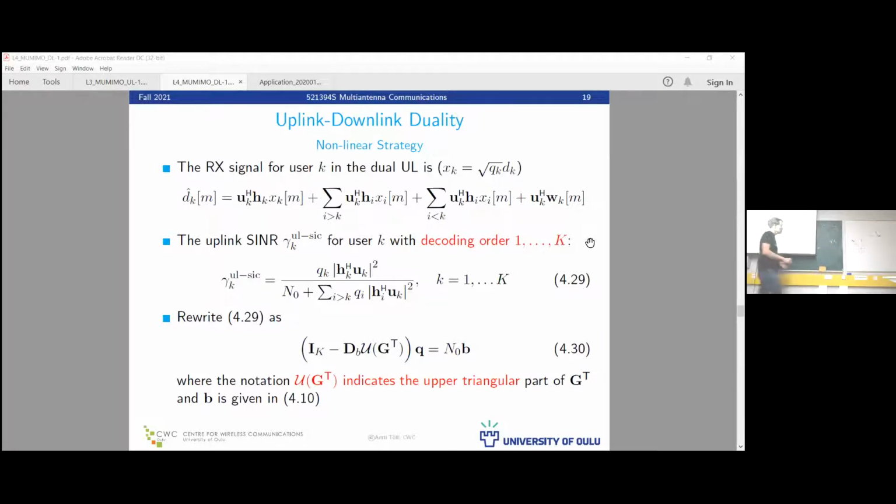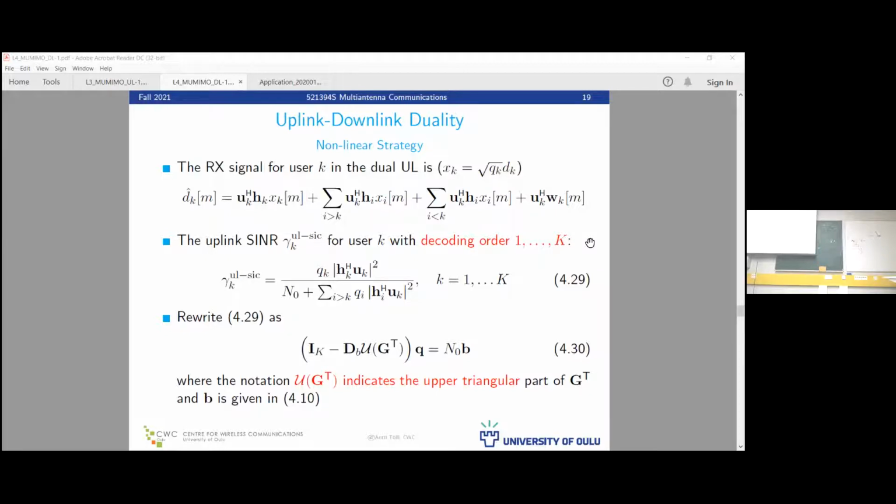If we then decode user 2, user 1 appears here. Since it was decoded first, it can be subtracted, right? So this term here can be subtracted by using MMSE-SIC, assuming U is fixed.